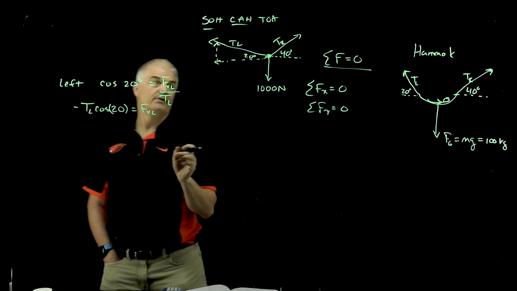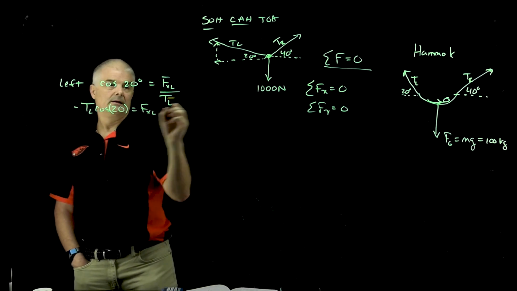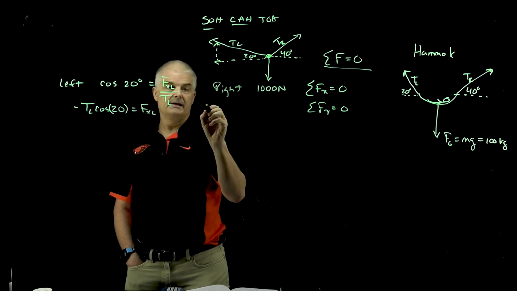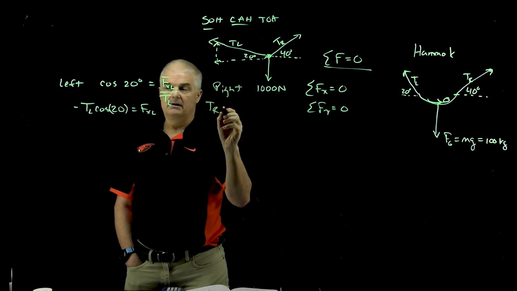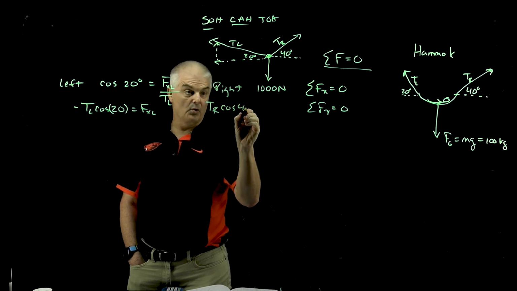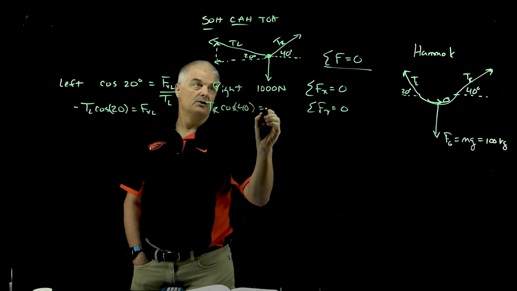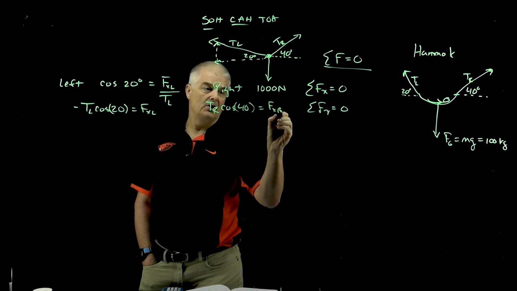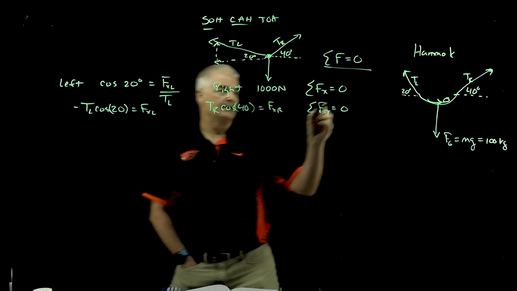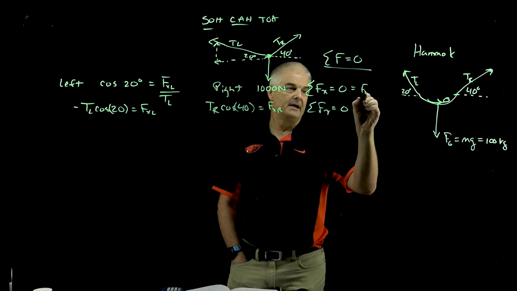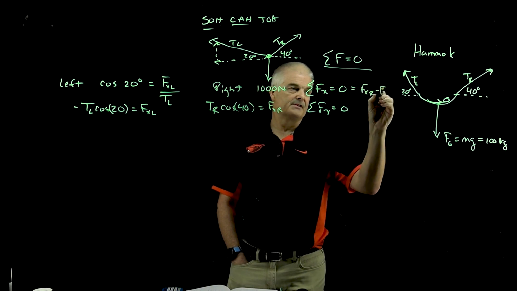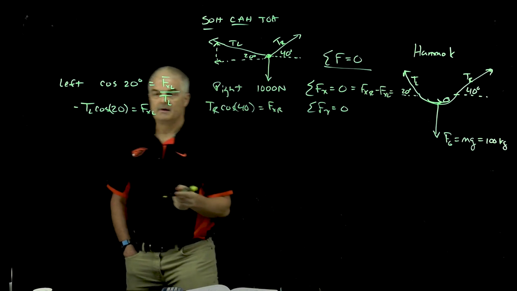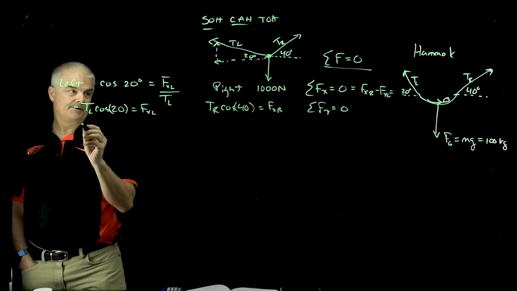On this one, for the right, you'll say TR cos 40 equals FXR. Because if you think about it, FXR minus FXL has to be equal to 0, right? So I can make an equation now.